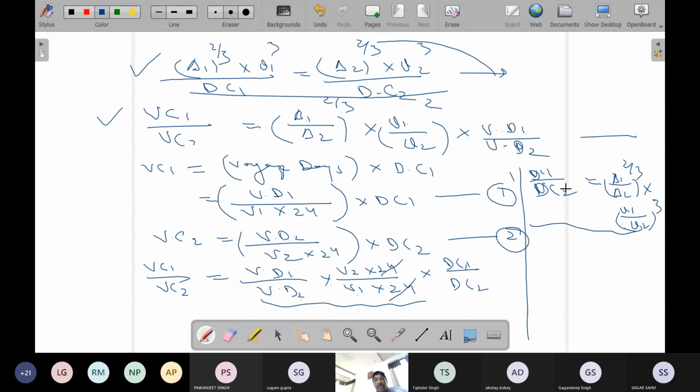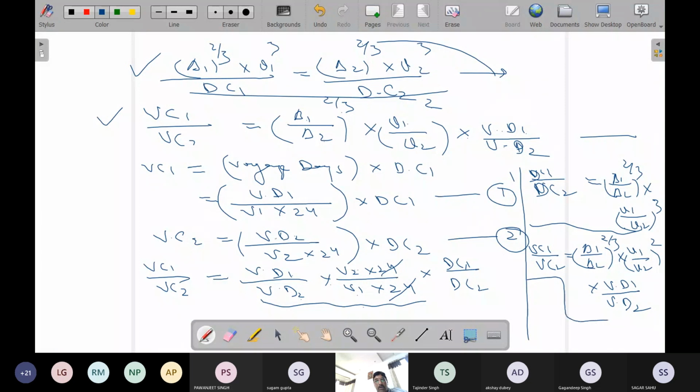So if I put this DC1 by DC2 here in this formula, what will it become? VC1 by VC2 will be equal to, now this V2 by V1 and V1 cube will become square. So we will be left with delta 1 by delta 2 raised to power 2 by 3 into, so this will cancel, and we will have V1 by V2 square multiplied by voyage distance 1 over voyage distance 2.